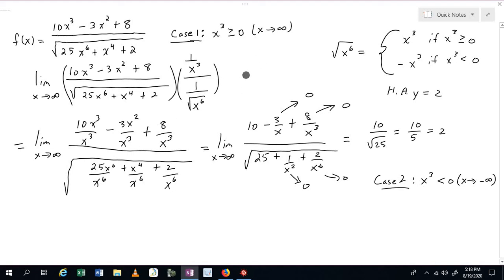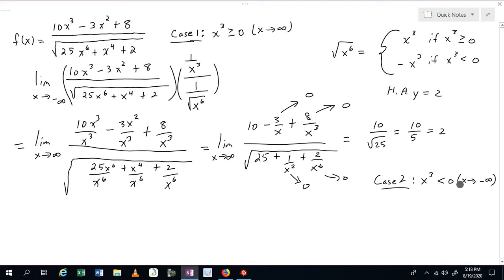Now, let's redo this and find the limit as x heads towards negative infinity. But that's a different case, so we have to be careful about how we handle this. Since x is heading towards negative infinity, then that would mean x cubed would be a negative number.